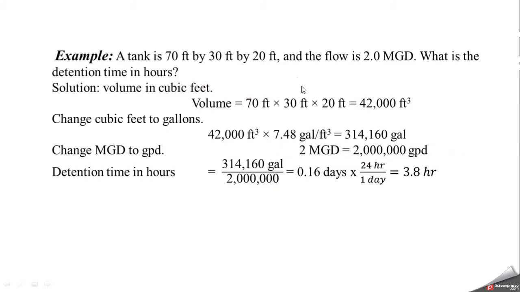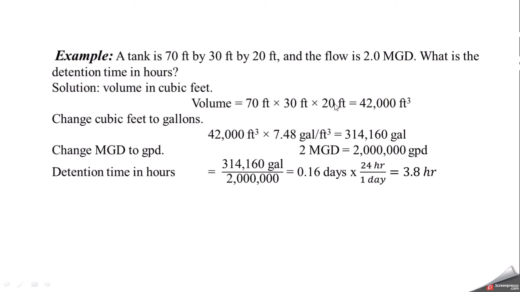Another example: a tank is 70 feet by 30 feet by 20 feet and the flow is 2.0 million gallons per day. What is the detention time in hours? First of all, we calculate the volume in cubic feet by multiplying the width, length, and height or depth.